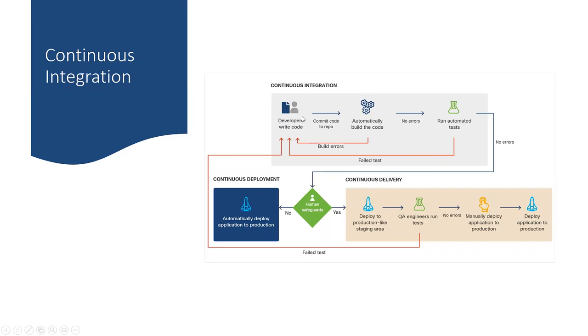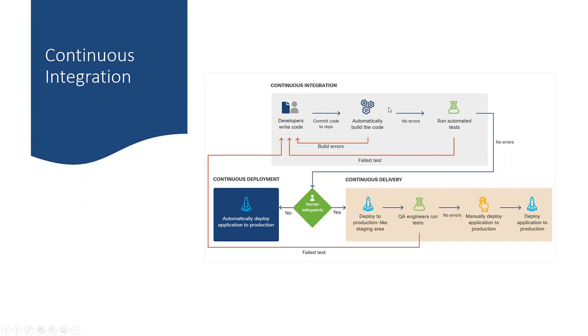So write the code and then commit directly to the repository, and then an automatic test script is run after the commit. If there are build issues, it goes back to the developers.